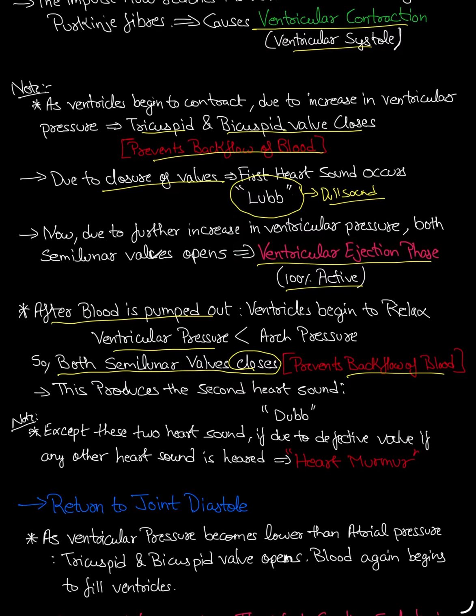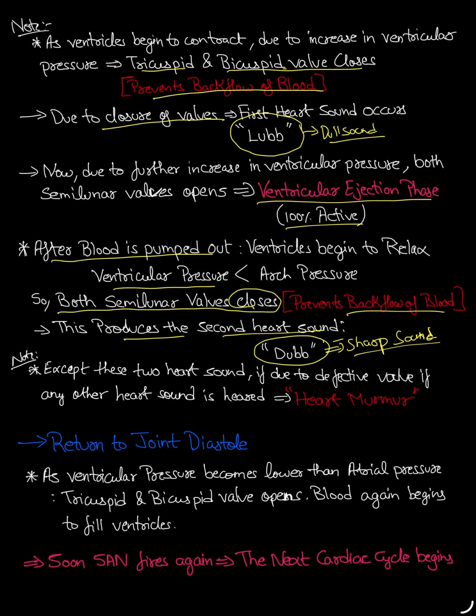This closing of the semilunar valves produces the second heart sound, which is called dub, which is a sharp sound. This sound is heard sharp if you listen with a stethoscope. Except for these two sounds, if you hear an extra sound from the stethoscope, then that condition is called heart murmur.